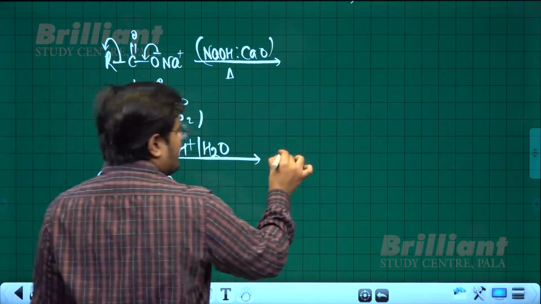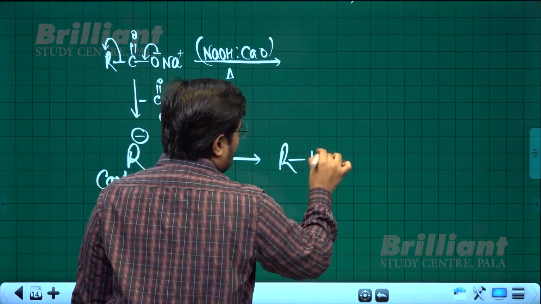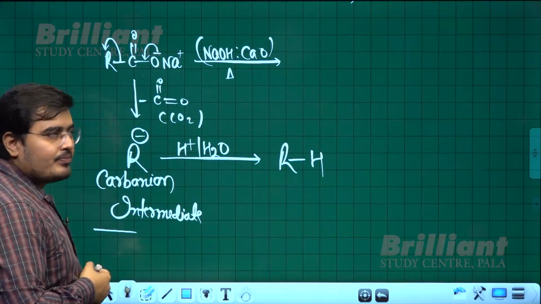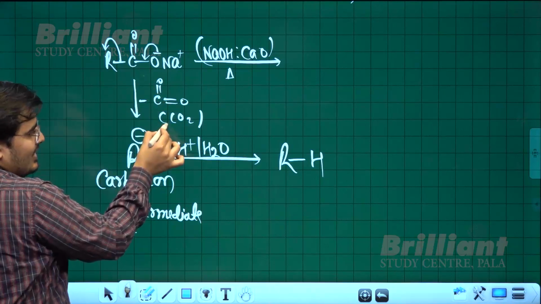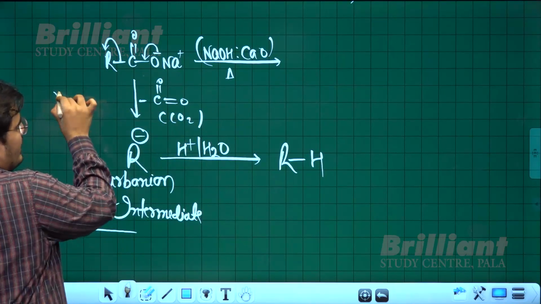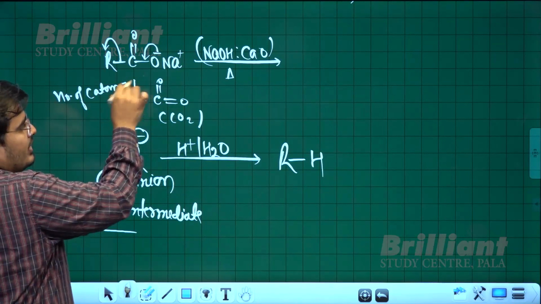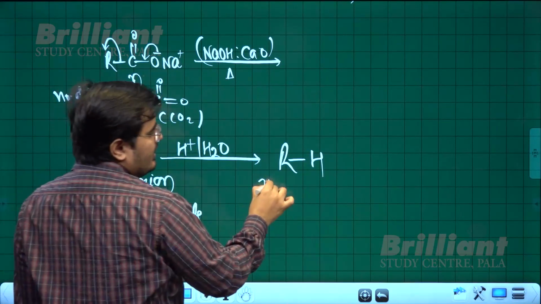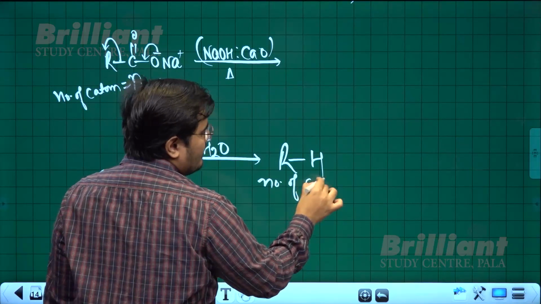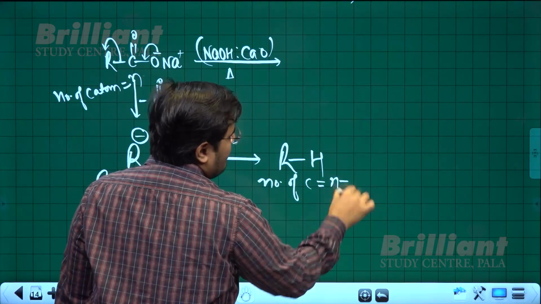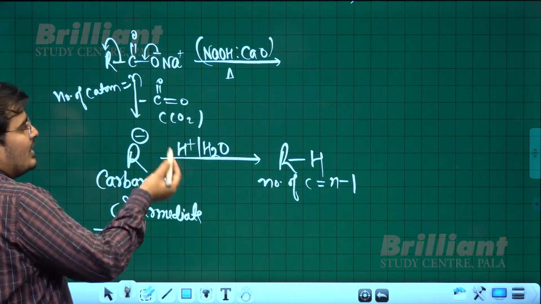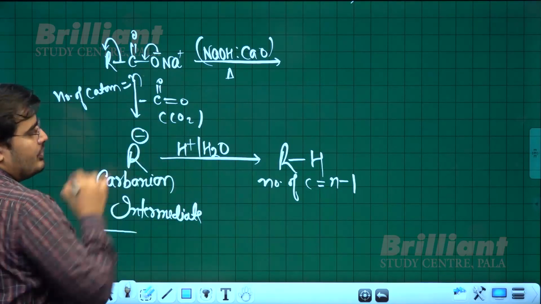So this R minus will be protonated to give your hydrocarbon. If you see, one carbon has left as CO2, so if the number of carbon atoms in my sodium salt was N, here the number of carbon atoms is going to be N minus 1, as one has already left as CO2.